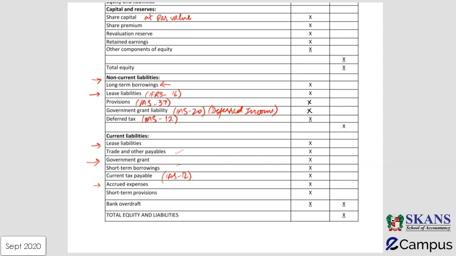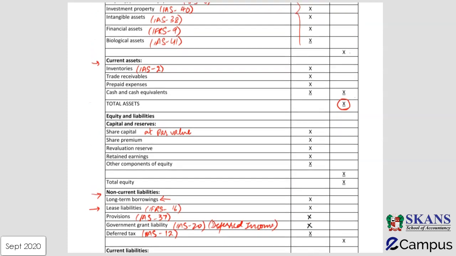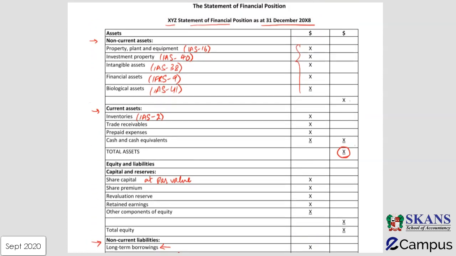Now, one more thing that is adjusted over here, which is normally shown in our current assets, is non-current assets held for sale. In case of non-current assets held for sale, we will study this under IFRS 5. Such assets are to be shown separately from current assets, and if there are any related liabilities, they are to be shown separately from other current liabilities.